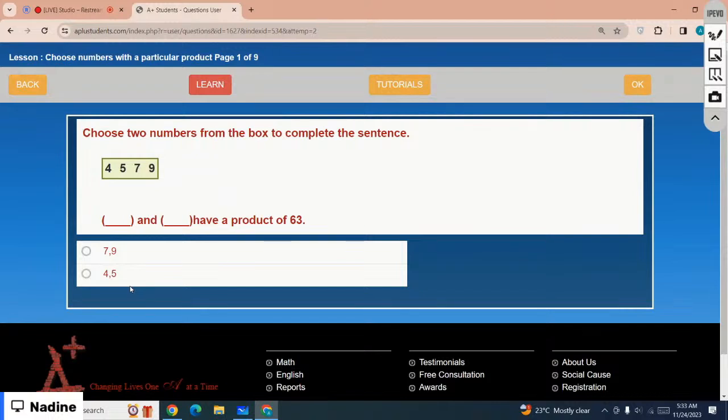So the first option is the correct one, right? 7 times 9 equals 63. Option number 1 is the correct option, right?